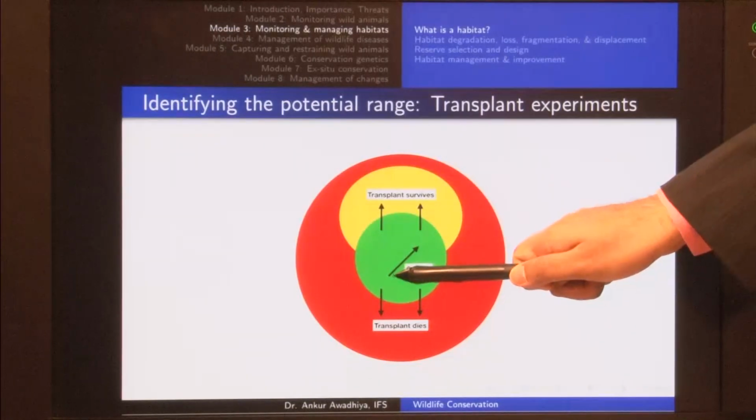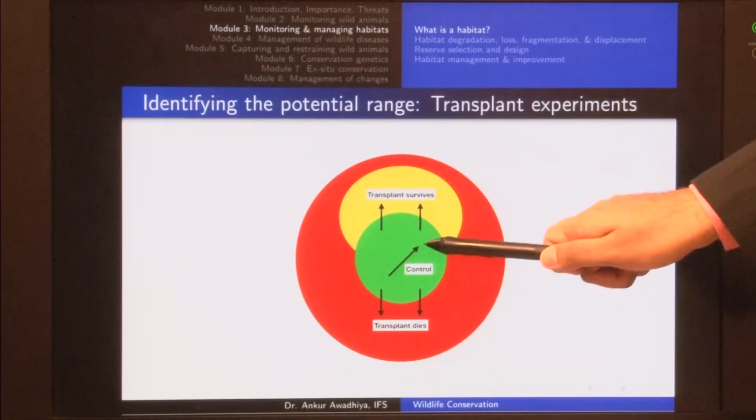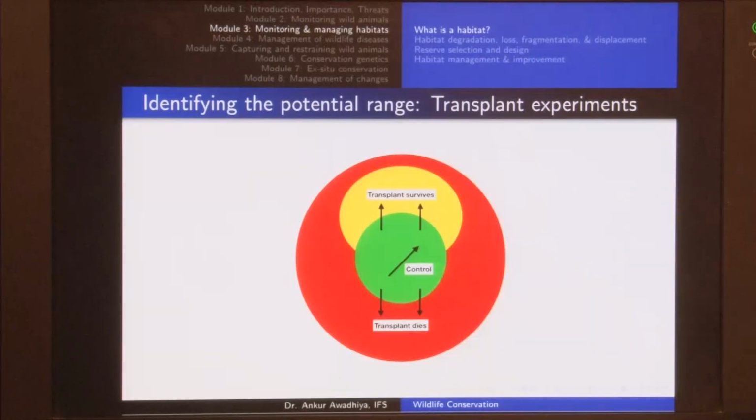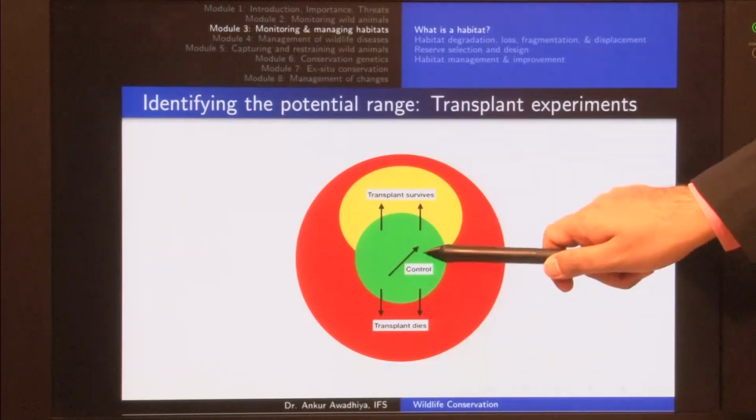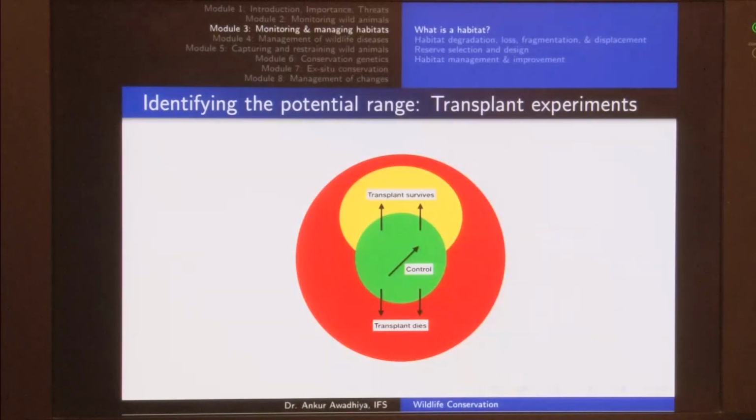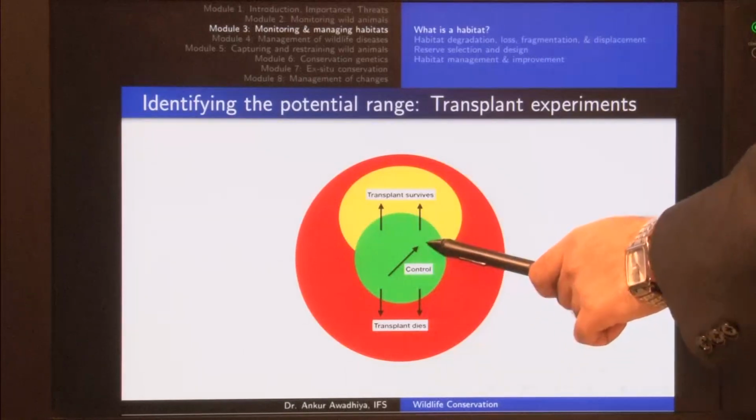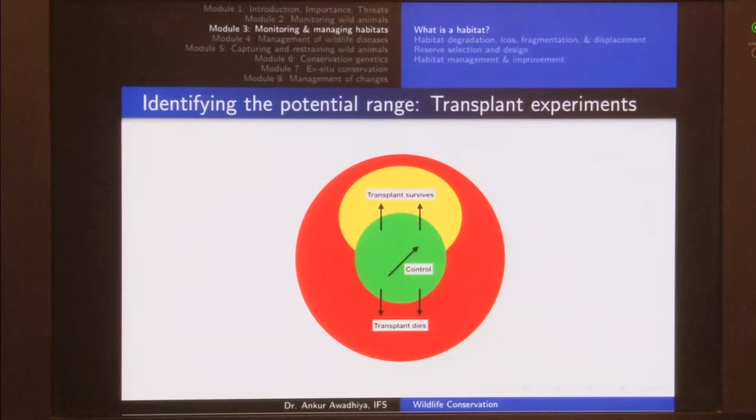Now, if you take the animal from one point here to another point in this area where it is naturally found, and we find that this animal is able to survive and reproduce in the other area as well. A good example would be translocation of tigers from one tiger reserve to another tiger reserve. Basically because in the other tiger reserve as well the tiger survives. So, even if we transplant it from one tiger reserve to another tiger reserve, it would be able to survive.